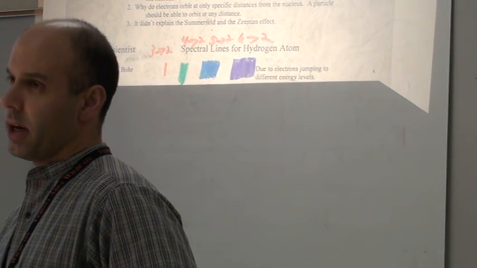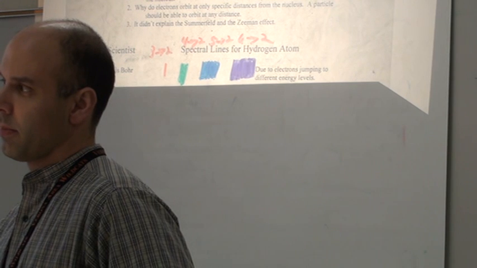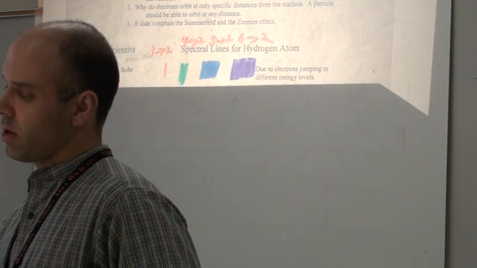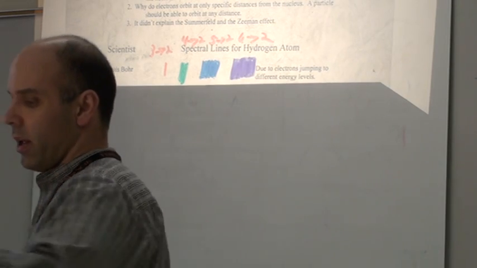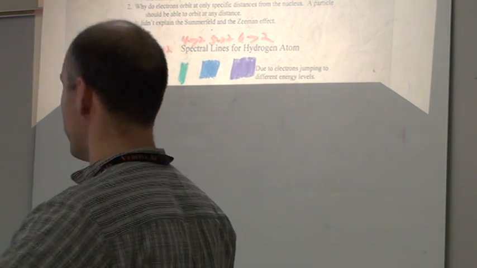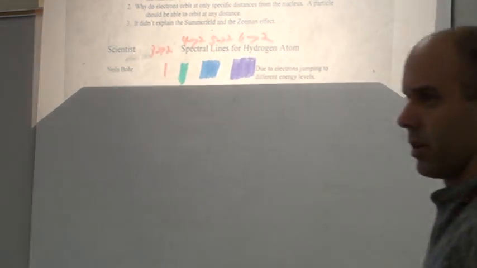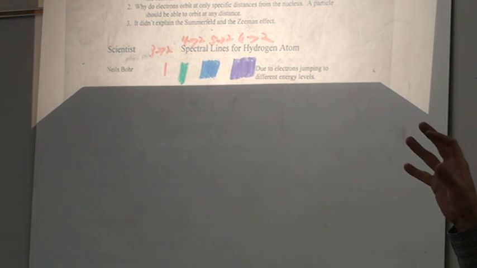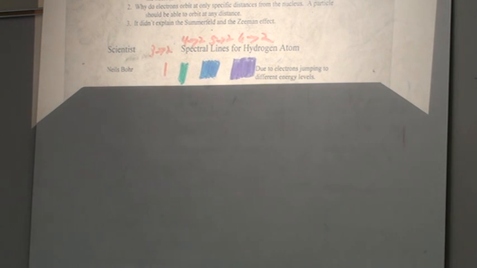Now, if you had a really nice spectroscope, and actually, you might have been able to see this. Some of you, if you looked really closely, you might have been able to tell that some of these lines weren't single lines. They're actually 2, 3, or 4 lines, just really close together.